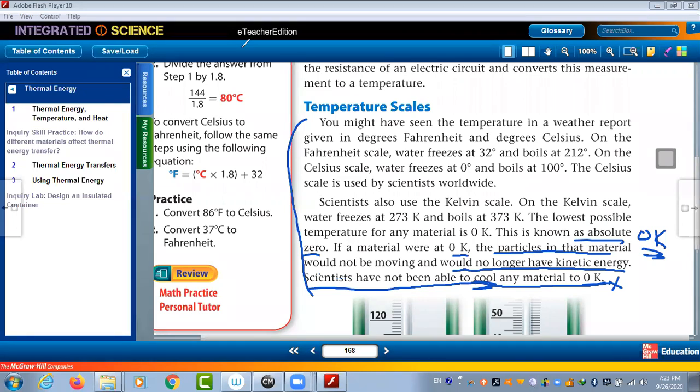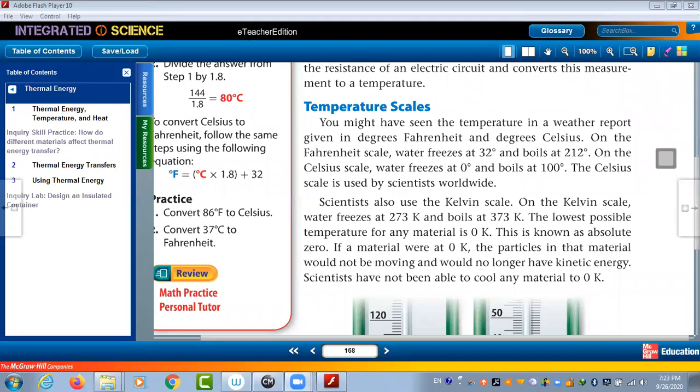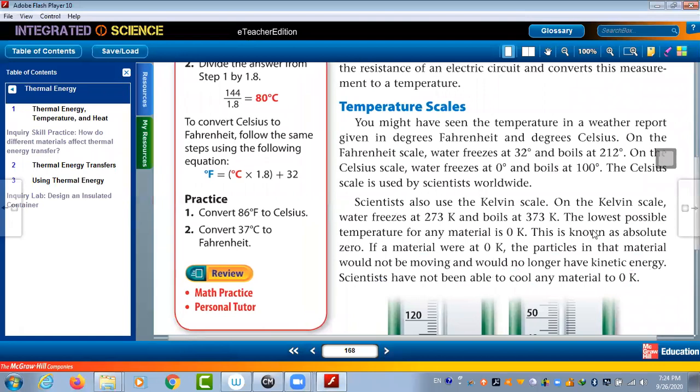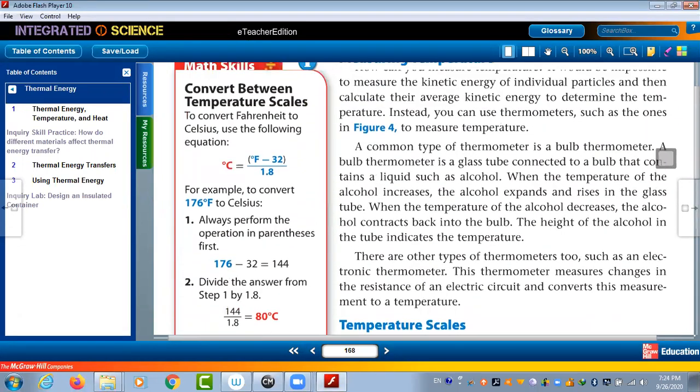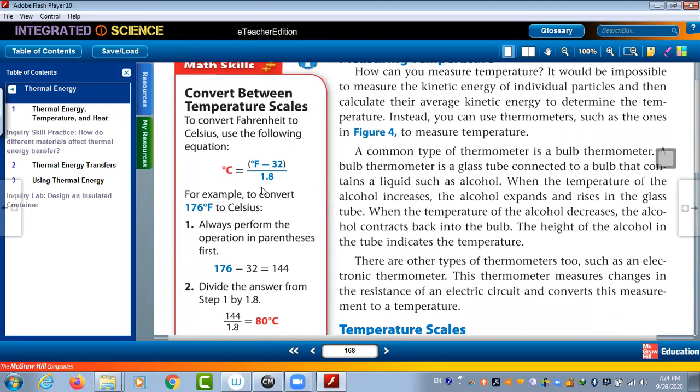Now, how to convert between temperature scales. To convert from Fahrenheit to Celsius, as you can see here, the formula is given Fahrenheit, and we want to calculate Celsius.